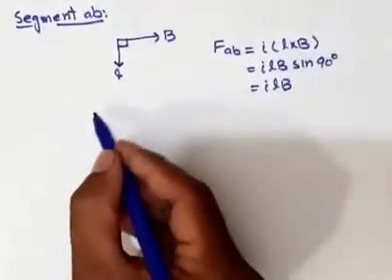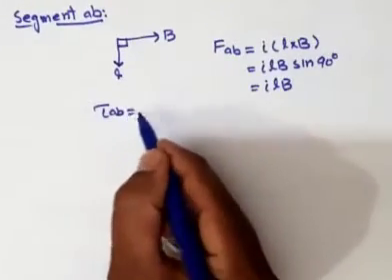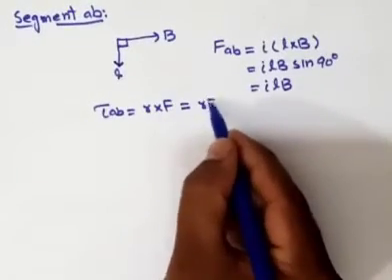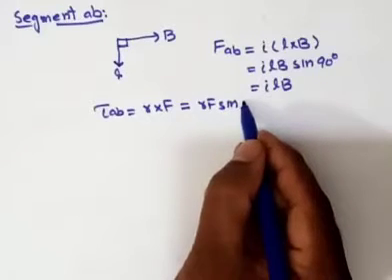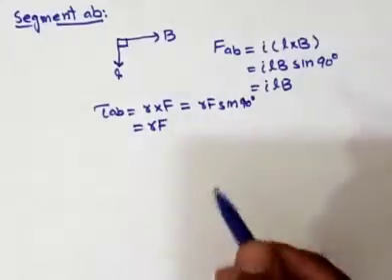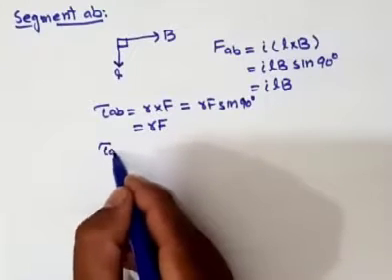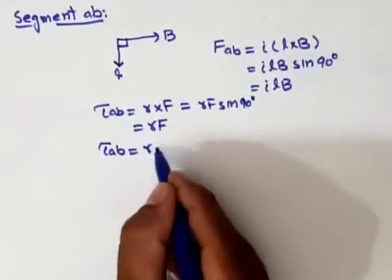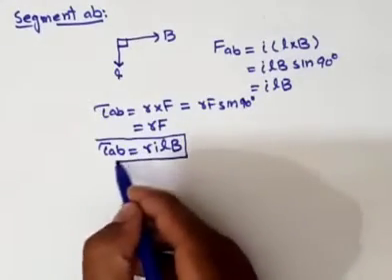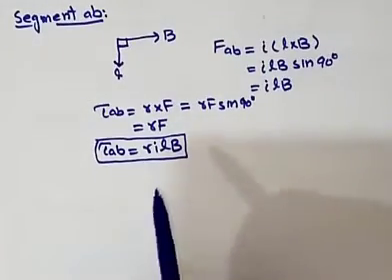As we know, tau_AB is equal to R cross F is equal to RF sine 90 degrees is equal to RF. Putting the value of F in this equation, we get tau_AB is equal to RILB. This is the equation of torque across the conductor AB.